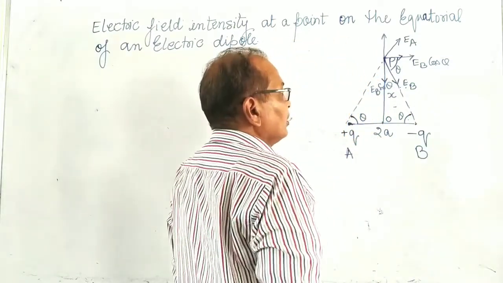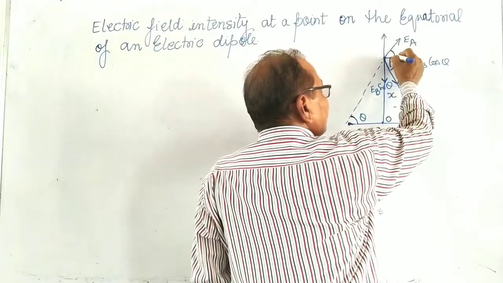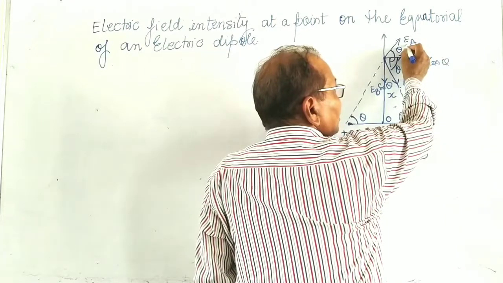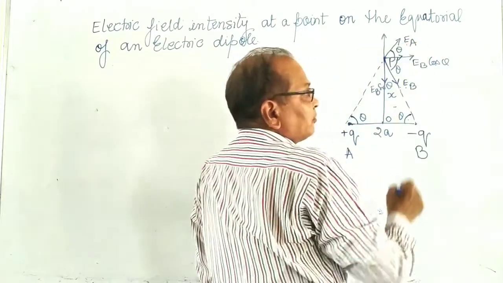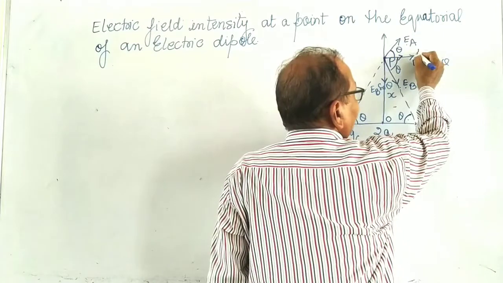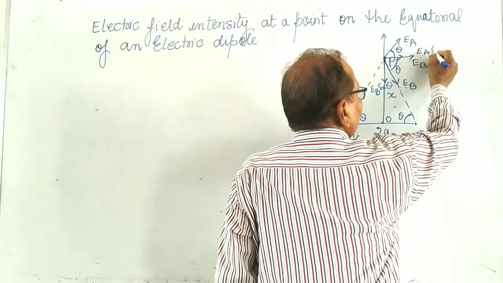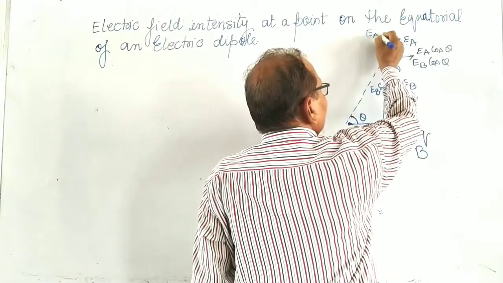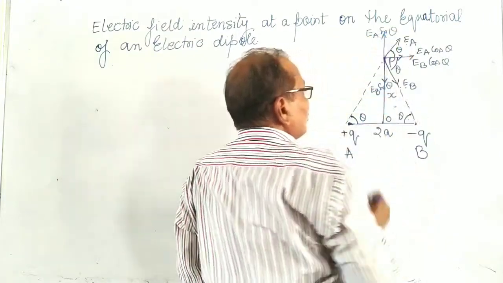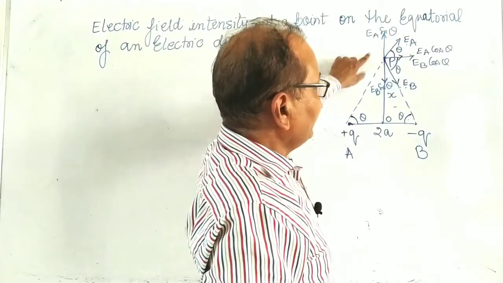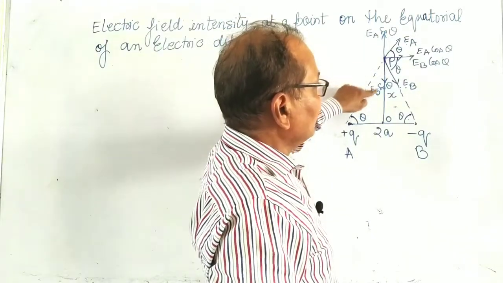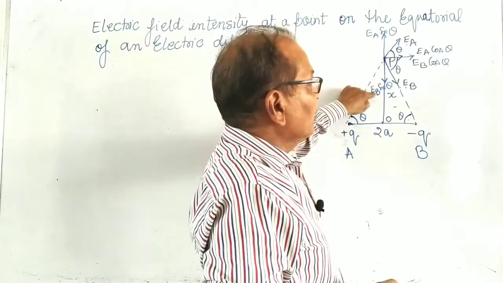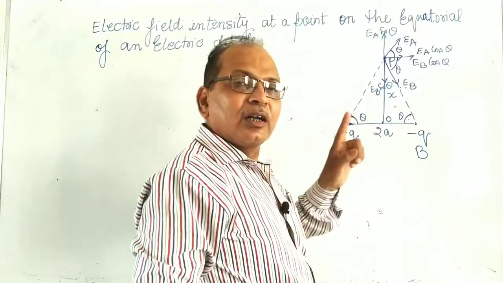Again, this is also theta. This EA, if you resolve this vector, this component will be EA cos theta and this will be EA sin theta. Now EA sin theta and EB sin theta are two vectors which are at a 180 degree angle, and EA and EB are equal.